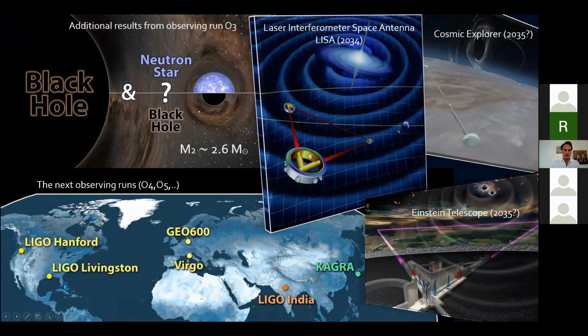I also did not talk about the third gravitational waves from a neutron star black hole binary, but I think personally it was a black hole system. In the future we will probably have the Einstein Telescope or the Cosmic Explorer, and KAGRA will also enter, LIGO India will enter, and I'm really looking forward to O4. Thanks a lot.